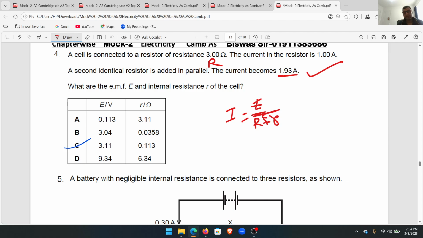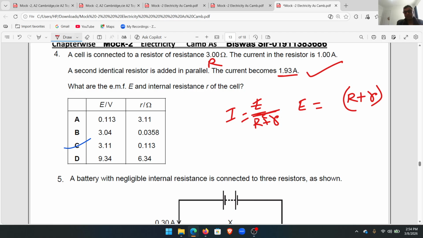You don't know the EMF, no issue, but you know I. So EMF is equal to IR plus Ir, that means 1 into R plus r. So EMF is basically 1 into 3 plus r.